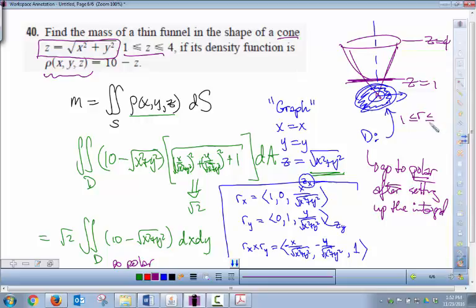Positive 4 or positive sure? So the z is equal to 4, right? But if you look at the shadow, is it still going to be 4? Is it going to have a radius of 4? No, not anymore. It'll be the radius.